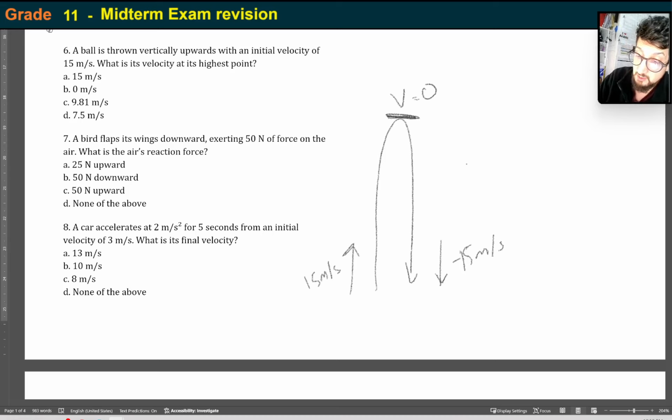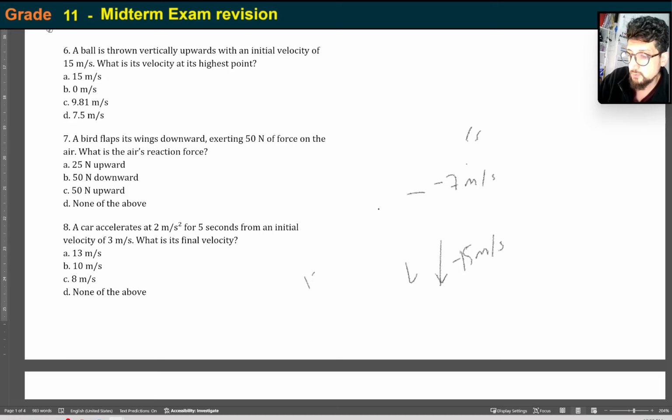The velocity, however, changes. So here it's 15 meters per second. Here it's going to be about 7 meters per second. Here about 3 meters per second. And here it's going to be 0. While here it's going to be negative 3 meters per second. I think you get the picture, and so on and so forth. So the velocity on top is going to be 0. That's all you need to know.